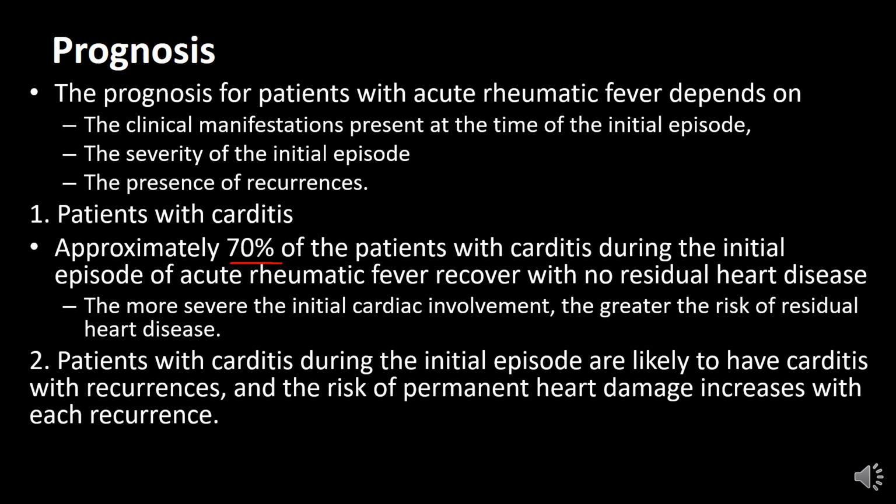The second category of patients are patients who have had carditis with the initial episode and have had recurrences which also involve the presence of carditis. In these kinds of children, the risk of permanent heart damage is highly increased. That means the more recurrences that occur, the higher the risk of permanent heart damage, especially to the valves.